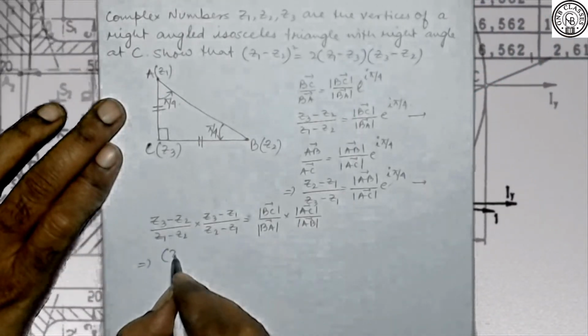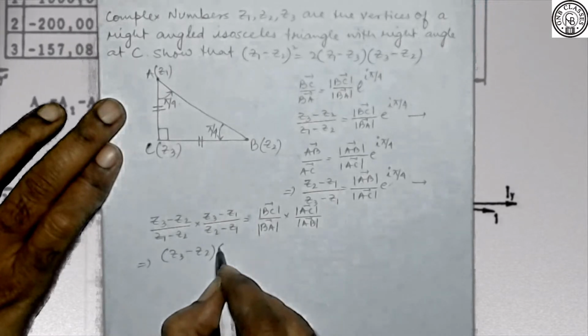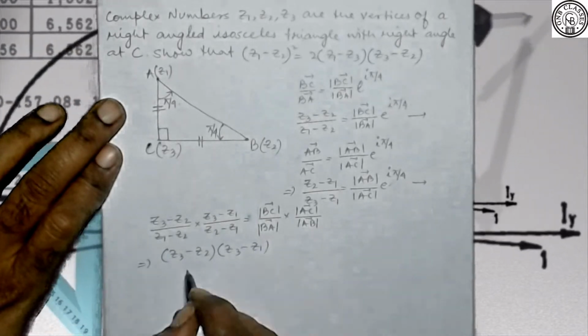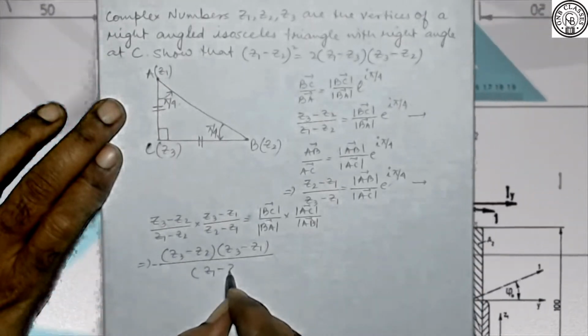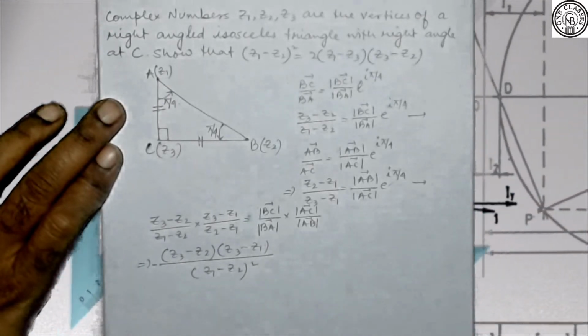So we are basically having Z3 minus Z2 into Z3 minus Z1 by, if I take a minus common, Z1 minus Z2 whole square, right?